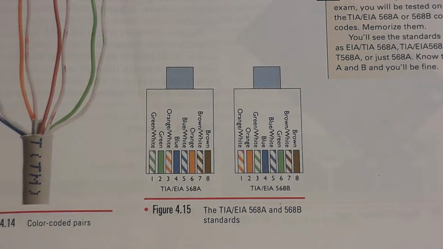Figure 4-15 is showing you the pinouts for the 568A and 568B standards. On the left is 568A, and on the right is 568B. Now 568A is less used, 568B is more commonly used.